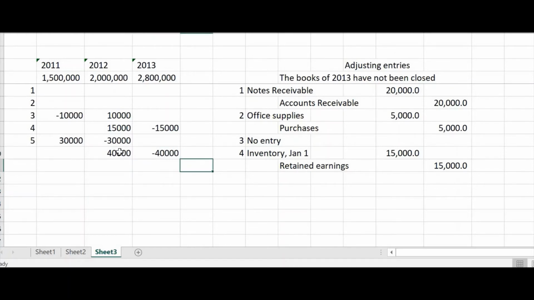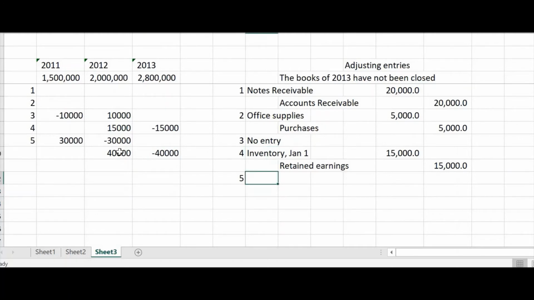Okay? Since open naman yung books for 2013, pwede mo pa i-adjust yung 2012 na error. Kasi pag close na yung books for 2013, nag-counterbalance sa 2013, wala na sanang entry. So, since open naman yung book, pwede mo siya adjust sa beginning balance of the retained earnings.